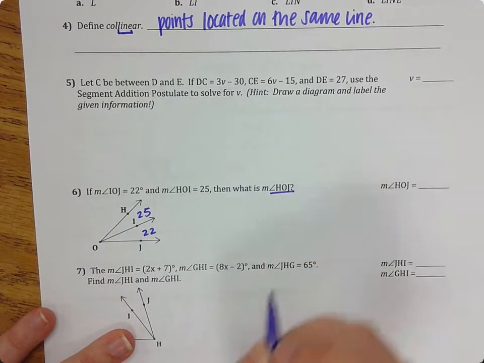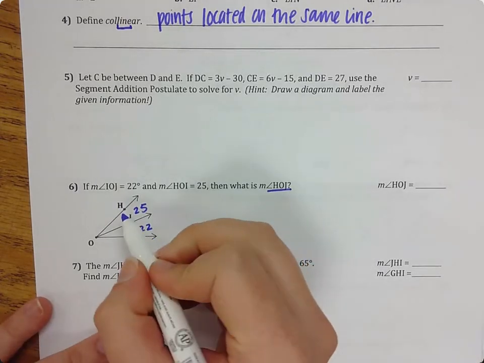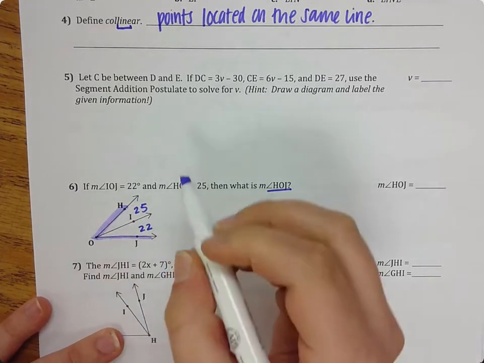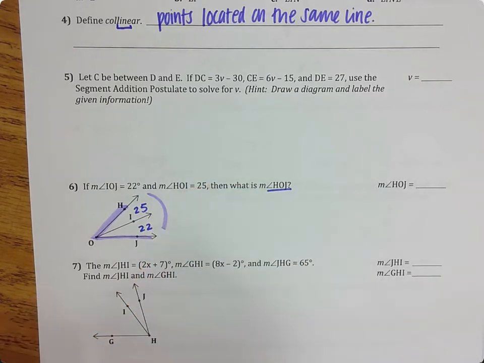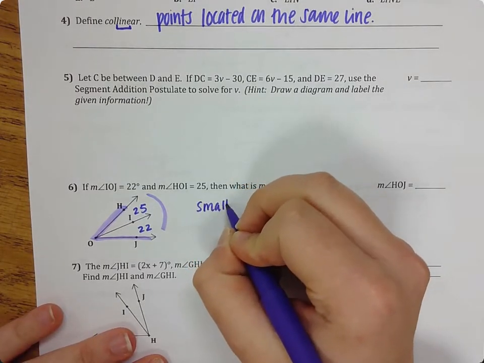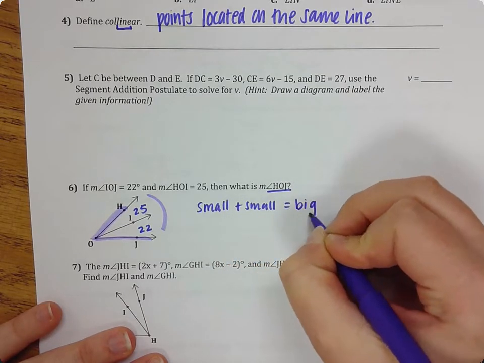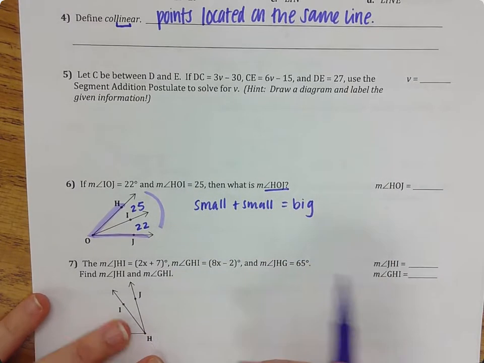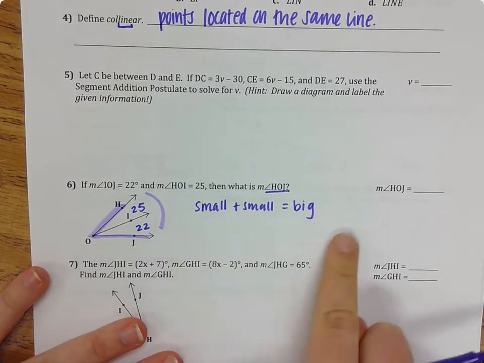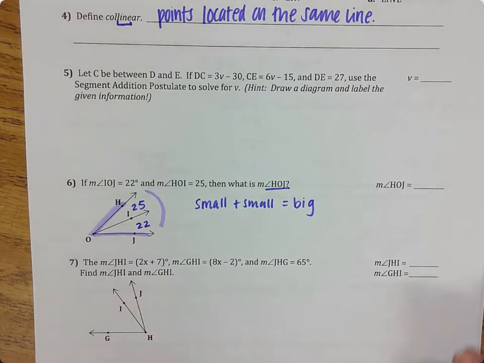So when it's asking me to find the measure of HOJ, that's from this H to this O to this J. It's asking me to use the entire angle. Now, your teachers may have said part plus part equals whole. I like to say small plus small equals big, but that's how we're going to approach this problem. I want you all to see if you can set up this equation and find your answer for HOJ.